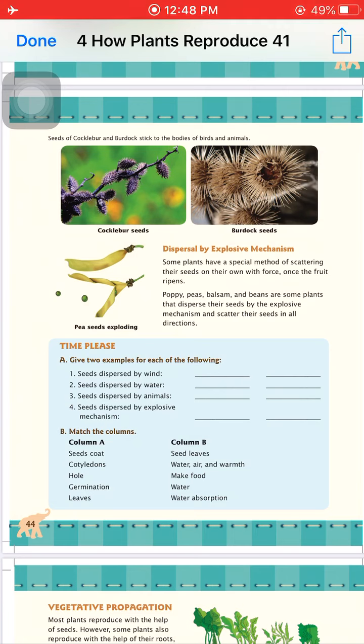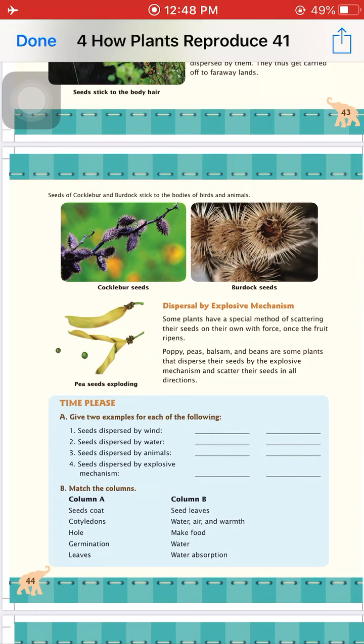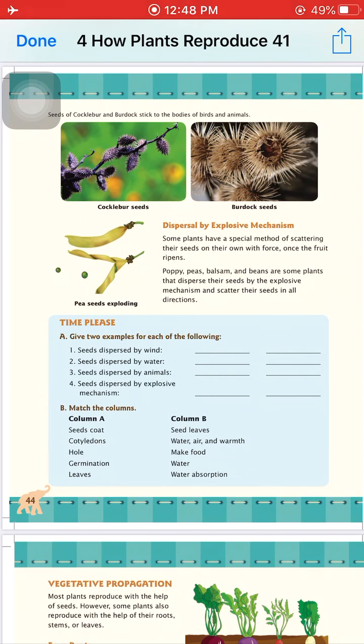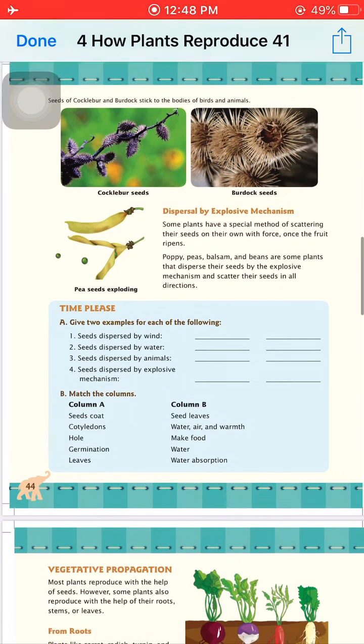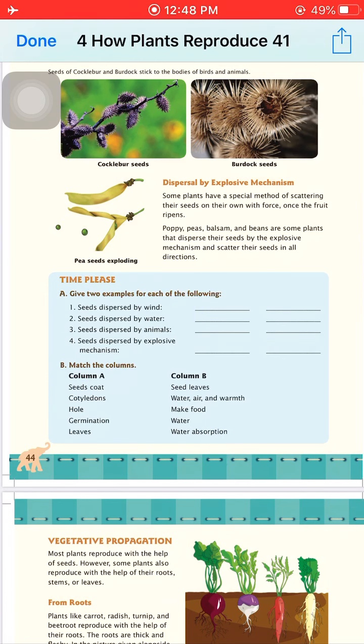Seeds dispersed by water: coconut and lotus. Seeds dispersed by animals: cockleburr and burdock. Seeds dispersed by explosive mechanism: poppy, peas, balsam and beans. You have to write only two.